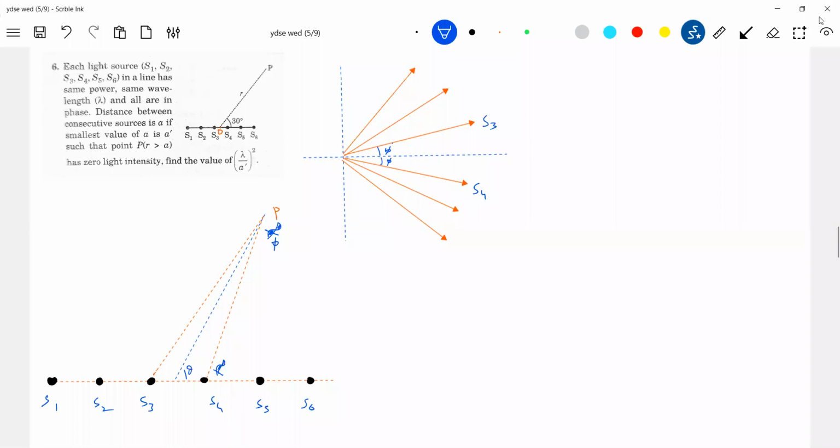Look at R very much greater than A. Even then, sir, in normal YDSE problems also we take D very much greater than d, but even then we consider the path difference.